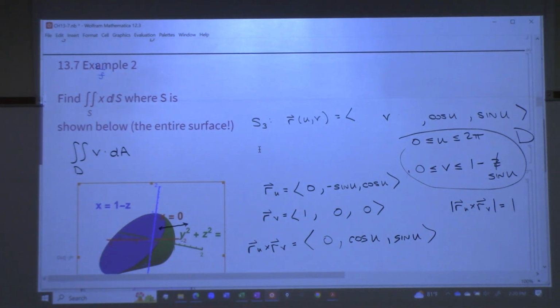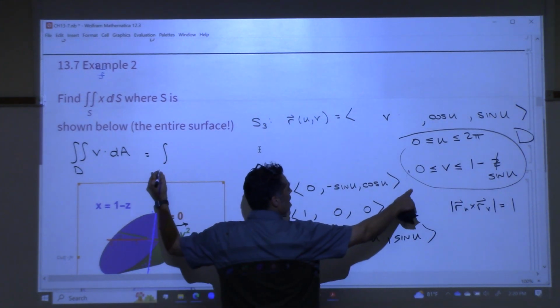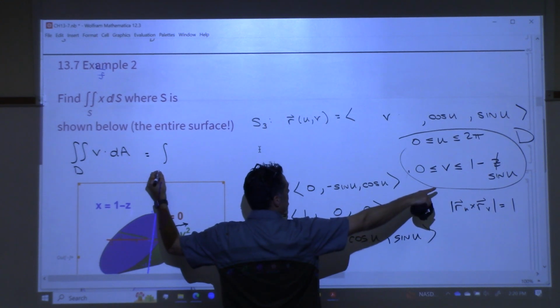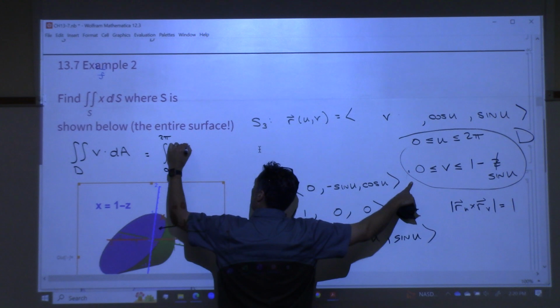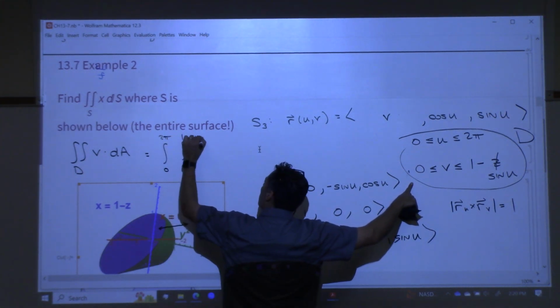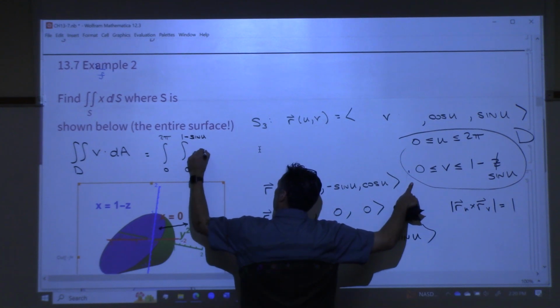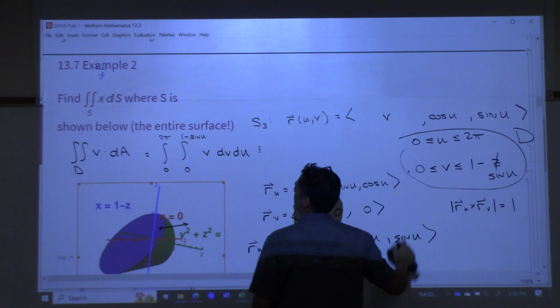Now I can put my limits of integration. So do I get to choose the order? I do not, because one of them depends on the variable u. So the outer one is 0 to 2 pi. Inner one is 0 to 1 minus sine u. And I'm integrating v dv du.